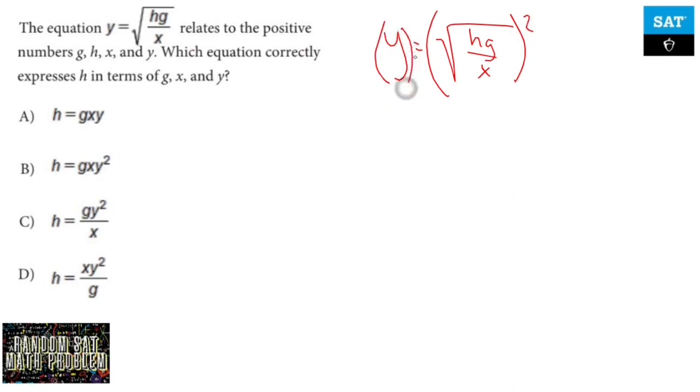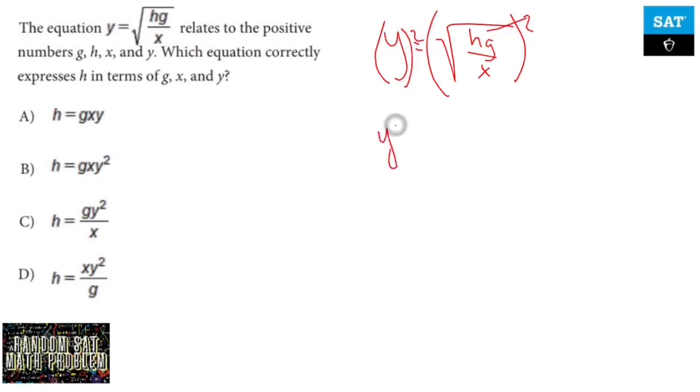The equation y equals the square root of hg over x relates the positive numbers h, g, x, and y. Which equation correctly expresses h in terms of g, x, and y? So basically, I have to take this, rewrite it out, and get h all by itself. In order to do that, I first square both sides to get rid of that big square root. By squaring a square root, they cancel each other out.